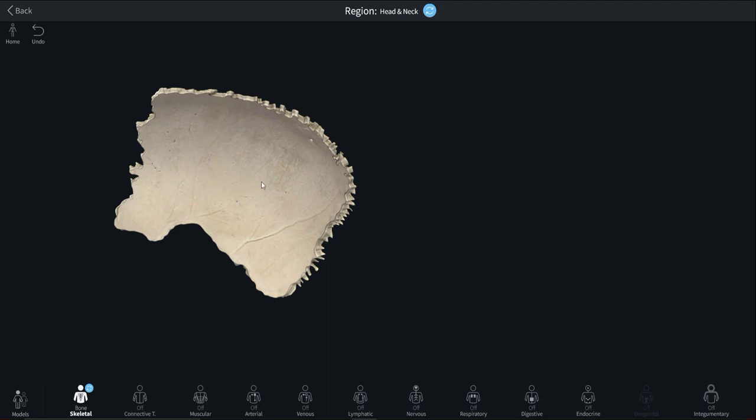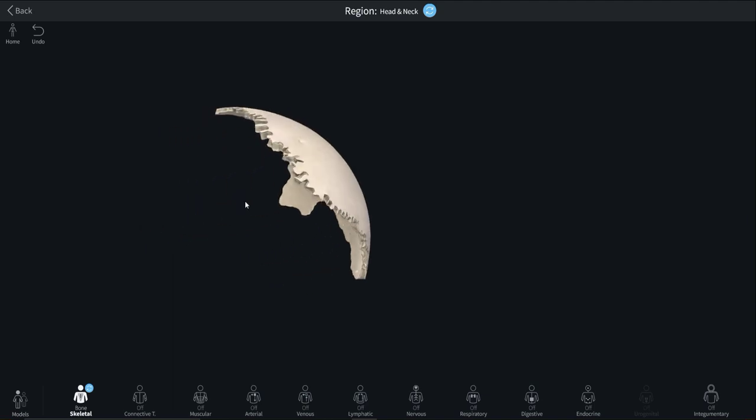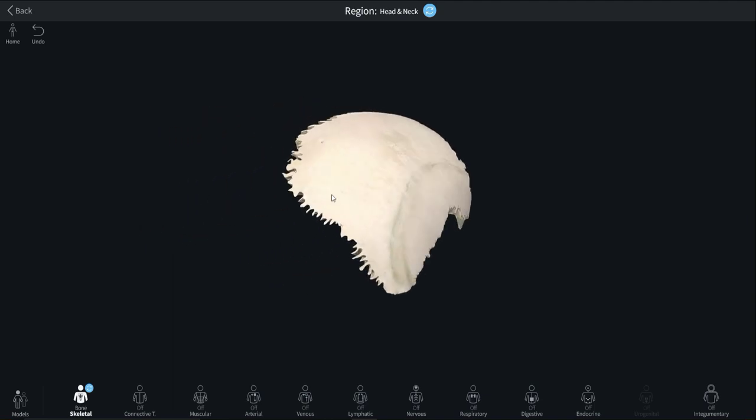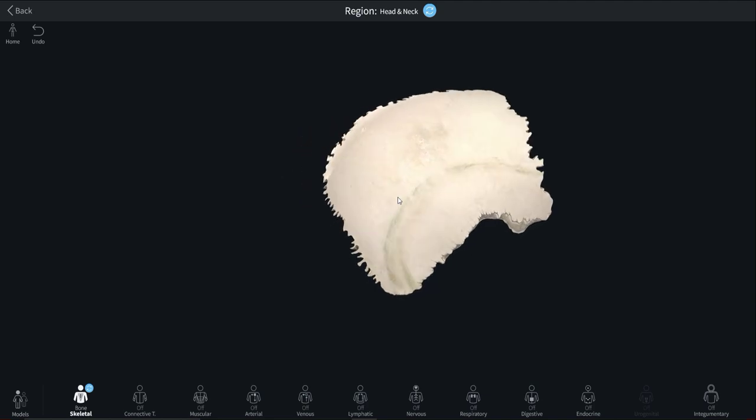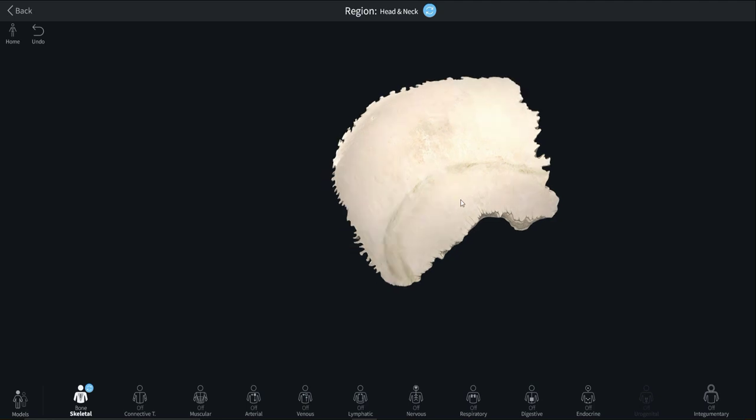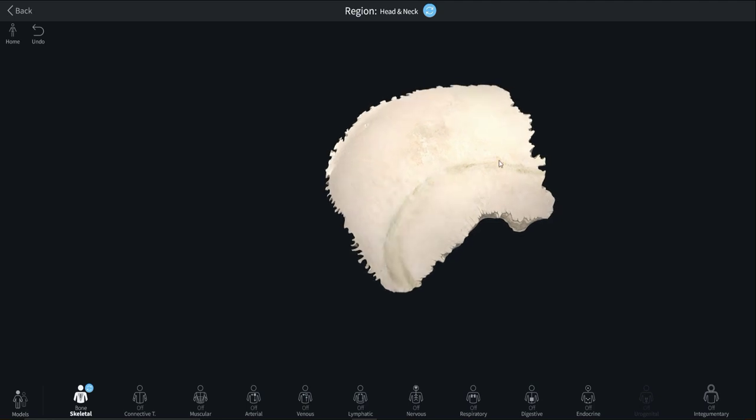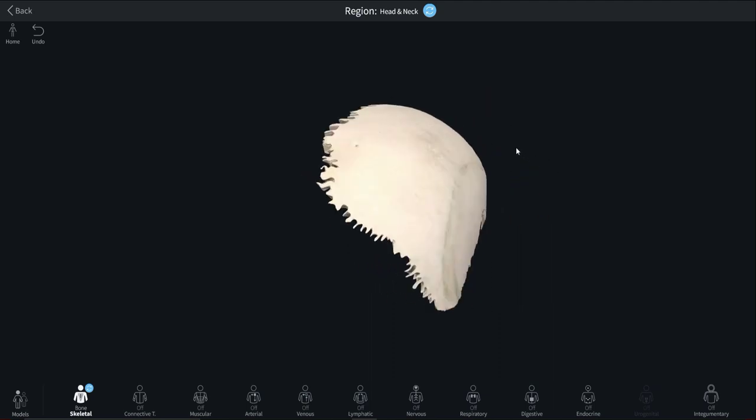Now, what about the borders of the parietal bone? Of course, it has borders. As I have said, it is quadrilateral, so it is bounded by four borders. Listen very carefully. This here is the posterior border.